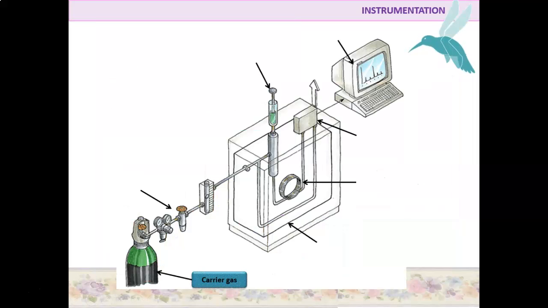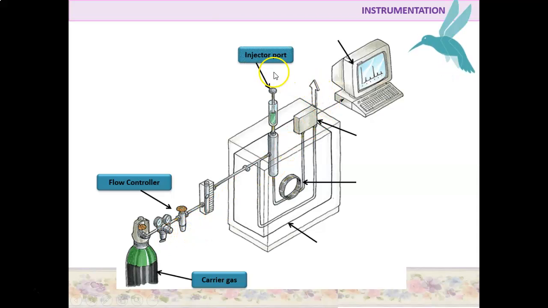These figures show the instrumentation of GC. First thing here is the carrier gas containing an inert gas, whether helium, nitrogen, or argon. Next, this is the flow controller of the gases.